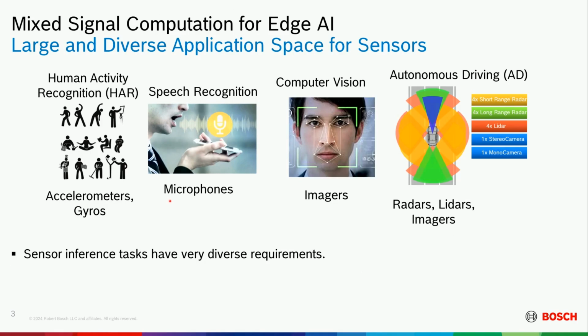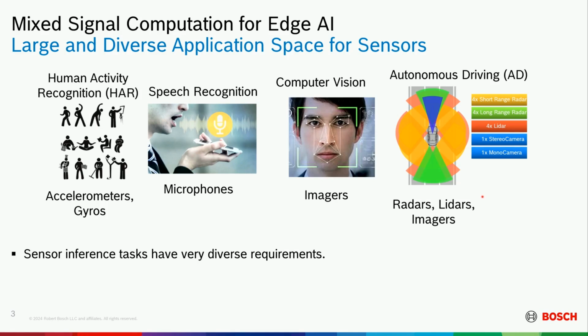There is a large and diverse application space for sensors, ranging from some of the things we saw today, accelerometers with human activity recognition, all the way up to autonomous driving. You may have single sensor inference in one case, but in the autonomous driving case, you're talking about multiple sensors that are fused together: radars, lidars, imagers.